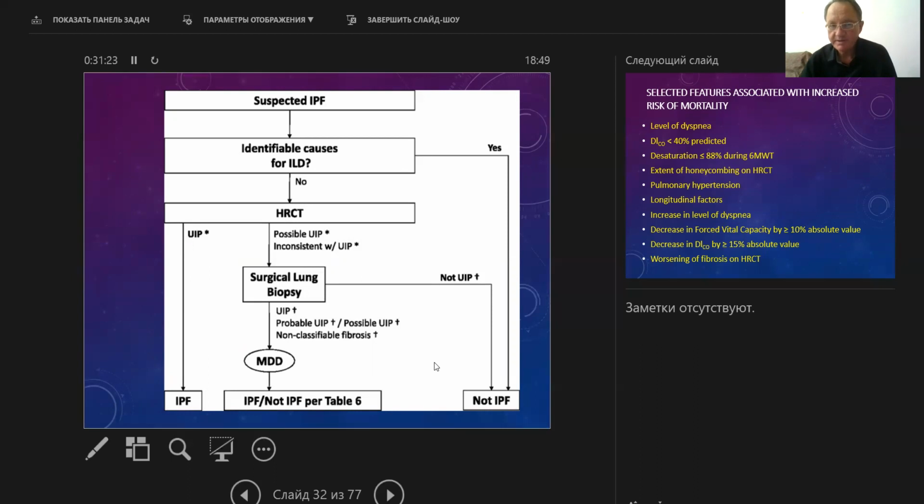If we obtain the pattern of usual interstitial pneumonia, we make the diagnosis of idiopathic pulmonary fibrosis. If not, we recommend the patient a surgical biopsy. If we do not meet the histopathology criteria of IPF, we exclude IPF as a diagnosis.